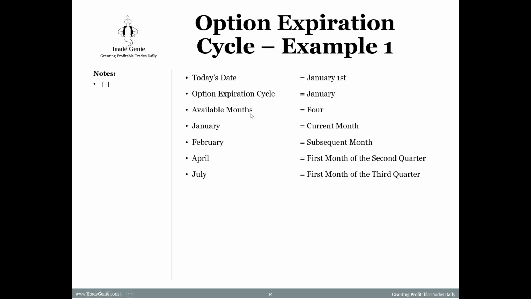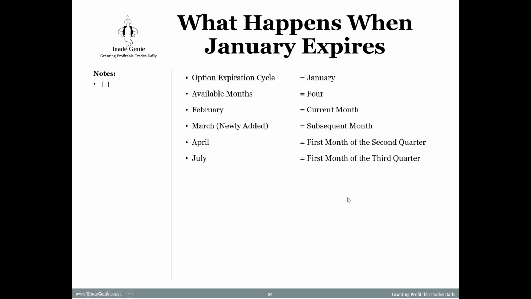In the option expiration cycle example I gave you, if today is January 1st and this stock belongs to the January cycle, then the 4 months will be January, February, and then April, the first month, and July. Another example: if the option expiration cycle is January and February is the current month, then we will have February, and March, because it's the subsequent month of February, and it has April and July because it belongs to the January cycle: the first month of the second quarter, first month of the third quarter.